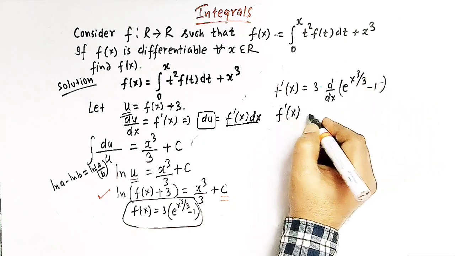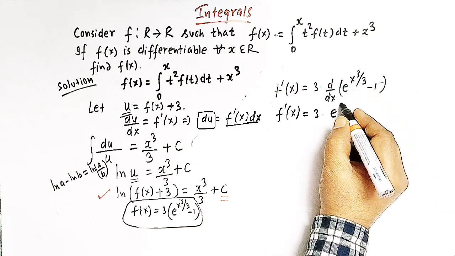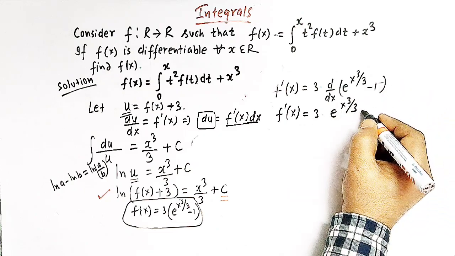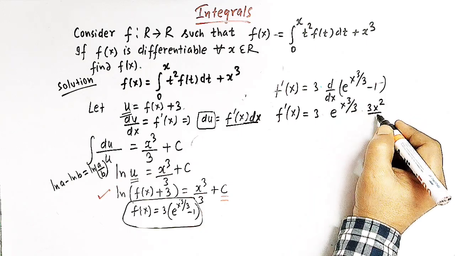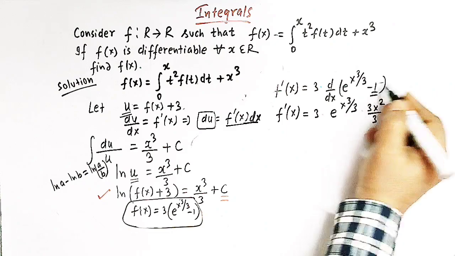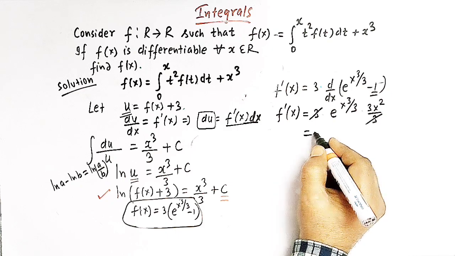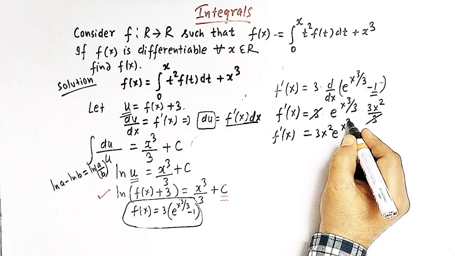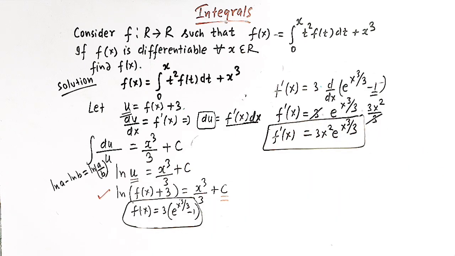Here the derivative of e raised to x cube over 3 is the exponential function itself, and then by chain rule the derivative of x cube is 3x square, and in the denominator we have 3, and the derivative of 1 is 0. So now this 3 and this 3 get cancelled, so f prime of x is equal to 3x square e raised to x cube over 3. So this is the required expression for the derivative of f of x.